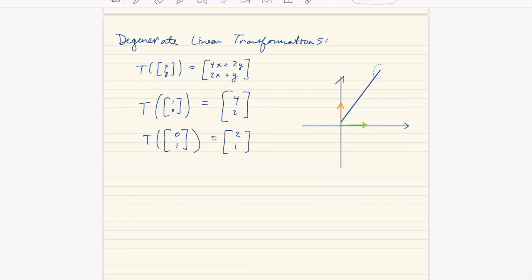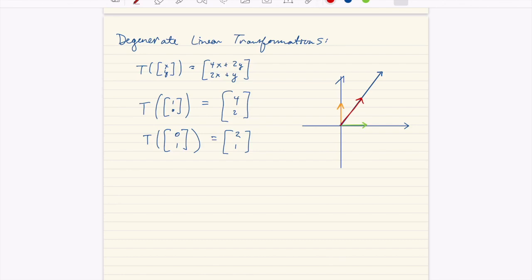Okay, it needs to go through the origin though. So there's (4, 2). And our orange vector is going to be sent to the vector (2, 1). So it's actually going to be the same direction as the vector we had before. Instead of (4, 2), it's just (2, 1), so it's going to be half the length of that vector.